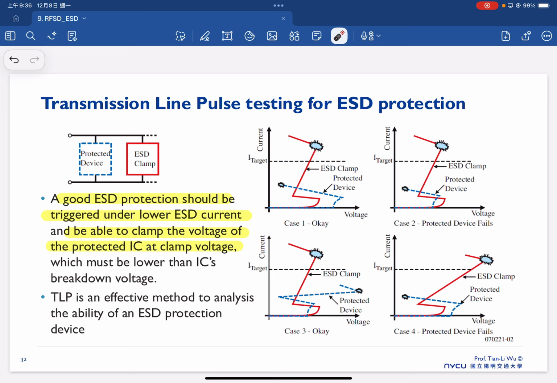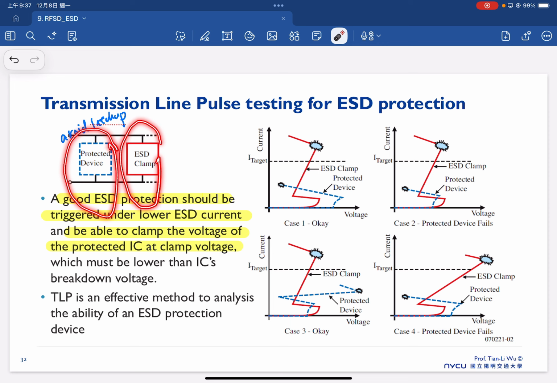So we have our main protected device here. We want to avoid the latch up in this device. Therefore we have to place a nearby ESD protection device, and then we want to make sure that this ESD device can have the latch up happen earlier than the main protected device.